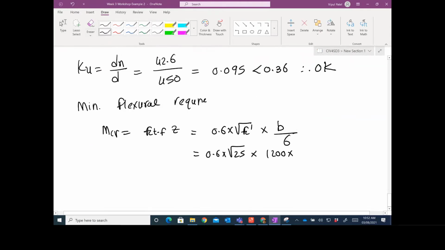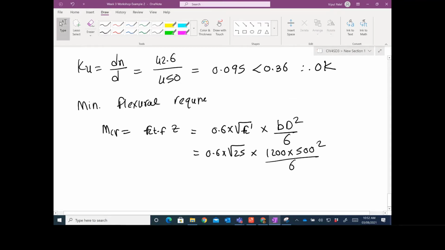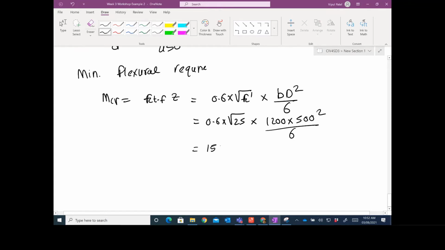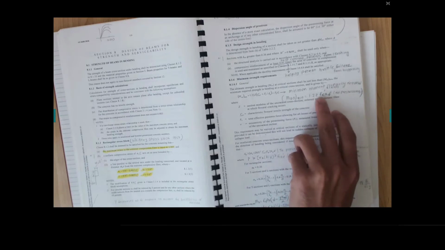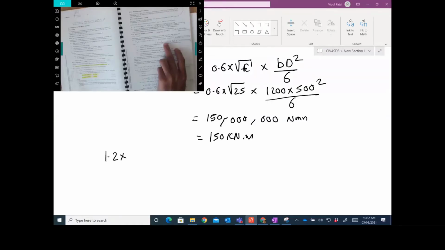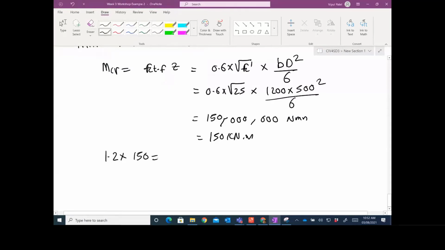Capital D squared, let's put capital D squared. So 500 squared over 6, you will get 150,000,000 Newton millimeters. So you have 150 kilonewton meters. We need to multiply by 1.2 FCT.F Z. So 1.2 times 150, you get 180 kilonewton meters.